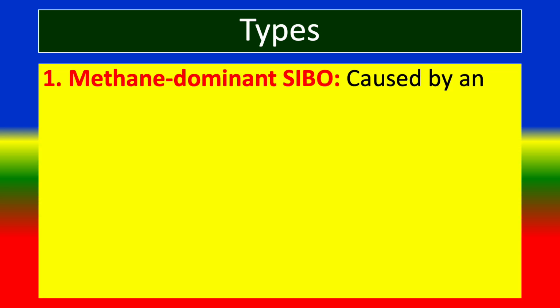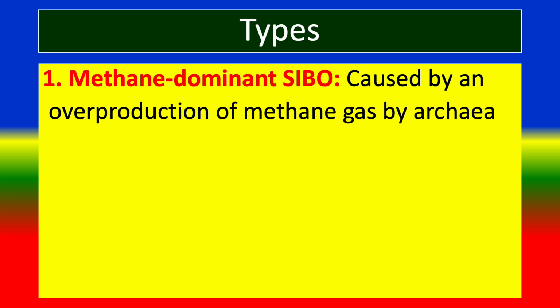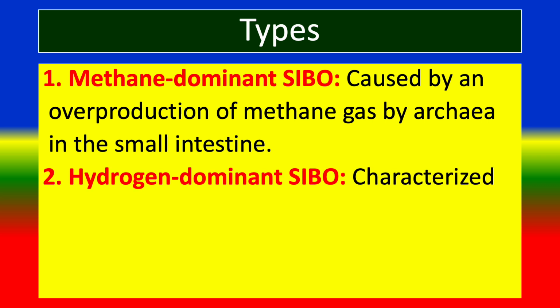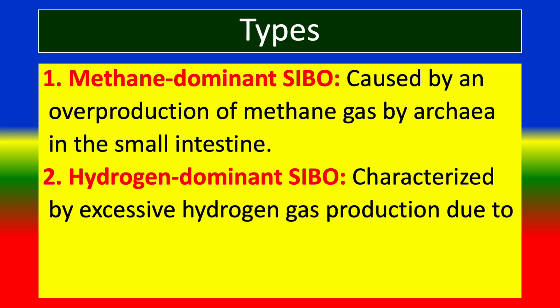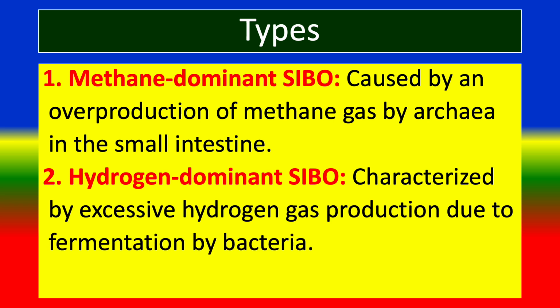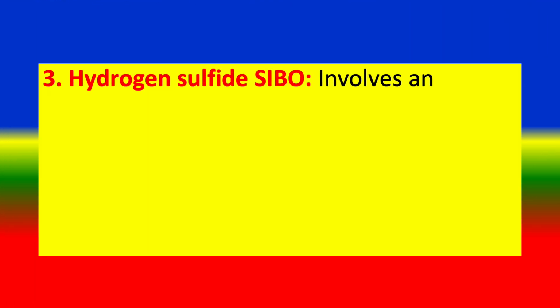Types. 1. Methane dominant SIBO, caused by an overproduction of methane gas by archaea in the small intestine. 2. Hydrogen dominant SIBO, characterized by excessive hydrogen gas production due to fermentation by bacteria. 3.